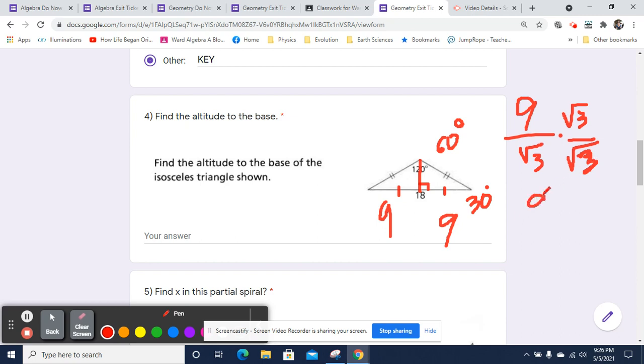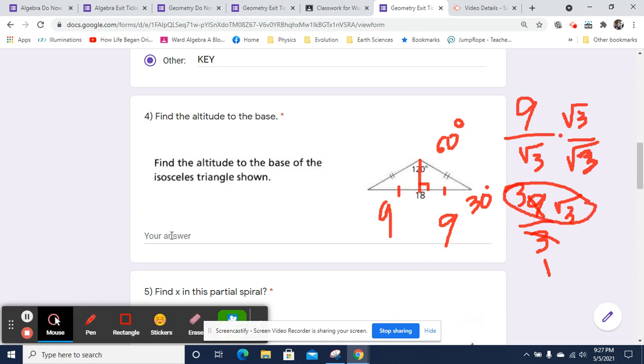So we end up with 9 over 3 times the square root of 3. We can reduce 9 over 3 into 3 over 1, and so that is just 3 root 3. So 3 square root of 3 is the altitude.